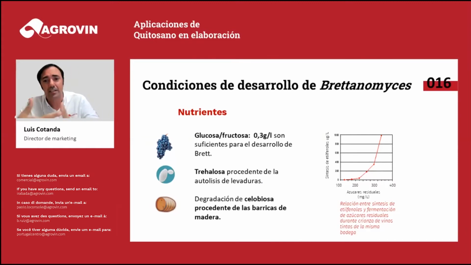And one of the main characteristics of this microorganism, which gives its resistance, is that it can get energy from different carbon sources in small amounts. It is known that with 0.3 grams per liter of residual sugar, Brettanomyces is able to produce ethyl phenols. And in case there is no sugar available, they can use sugars that derive from yeasts during their autolysis, or even degrade or use cellulose as a source of carbon.